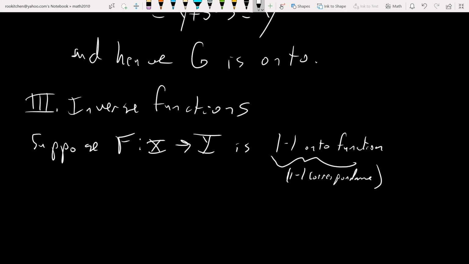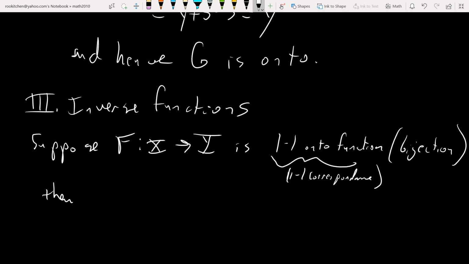And they also call it a bijection. It's hard enough remembering one definition. It's even worse when they have 3 different terms for that one definition. Anyways, suppose that this thing is a one-to-one onto function.